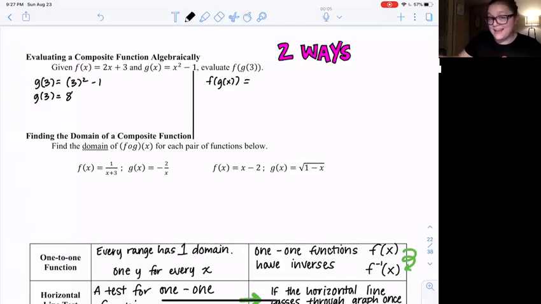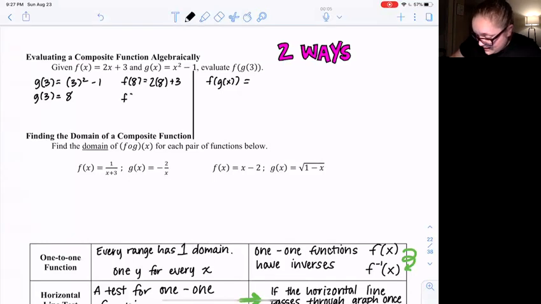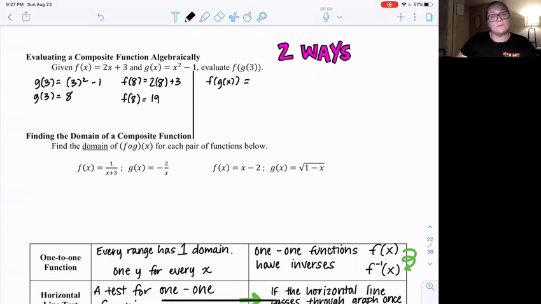Now you plug that 8 value in and you get f of 8. f of 8 is 2 times 8 plus 3. So 2 times 8 is 16, plus 3 is 19. So you're working from the inside out.